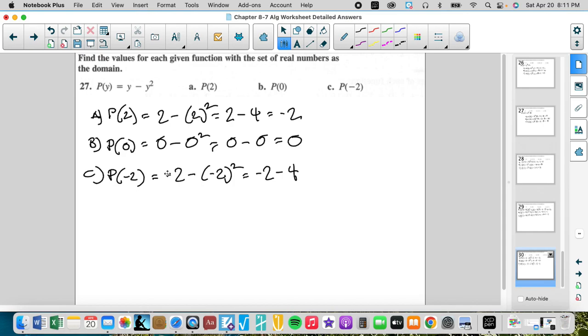So the negative, the 2, the minus, and then we square negative 2, which gave us the 4. So we get negative 6. That's really the big tricky one right there. Is the last one. Hope you did well on these. This is an important one. Function notation. You should definitely be familiar with functions by the time you leave Algebra 1.